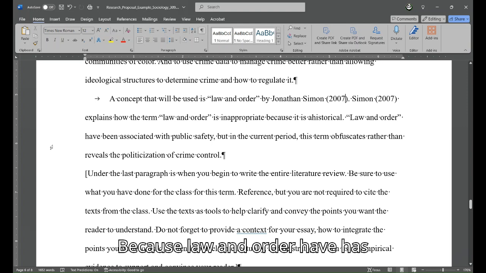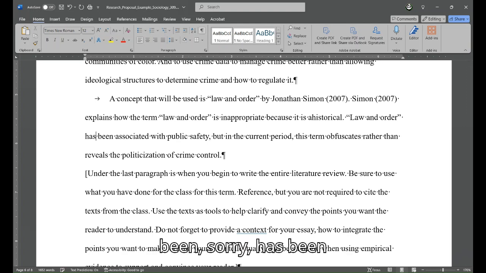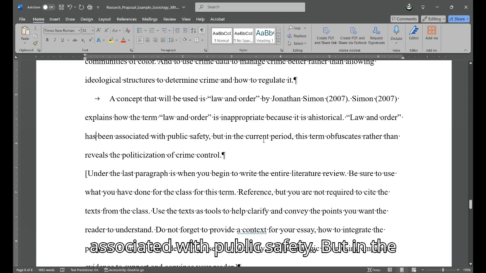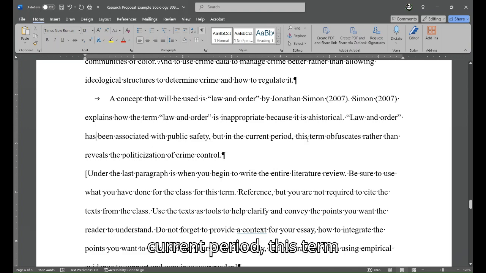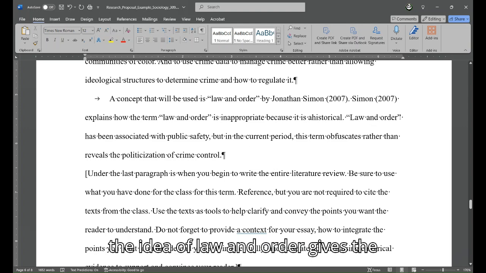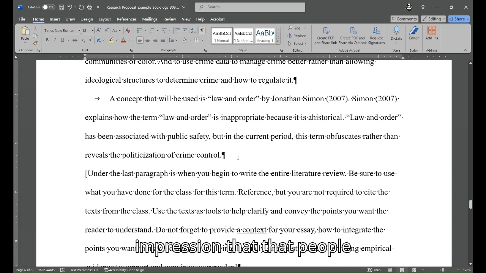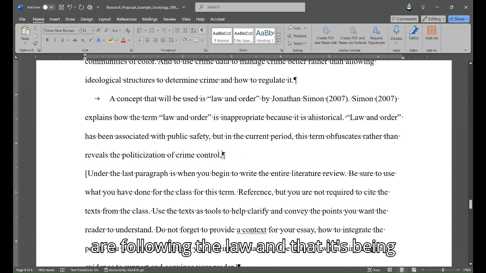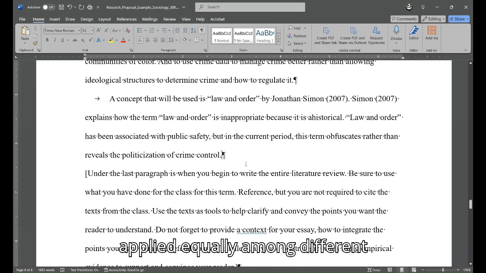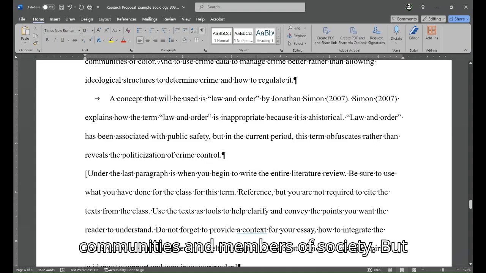Because law and order has been associated with public safety, but in the current period, this term obfuscates rather than reveals the politicization of crime control. Right, because the idea of law and order gives the impression that people are following the law and that it's being applied equally among different communities and members of society.